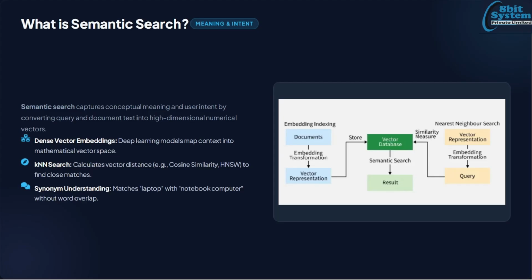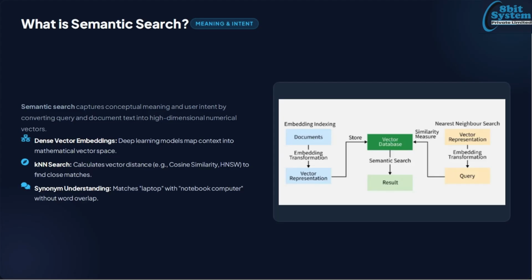Here, deep learning models convert text into mathematical vectors. These vectors represent the meaning of the text instead of just the words. For example, the sentences I want to buy a laptop and I am looking for a notebook computer use different words, but their meanings are almost the same.